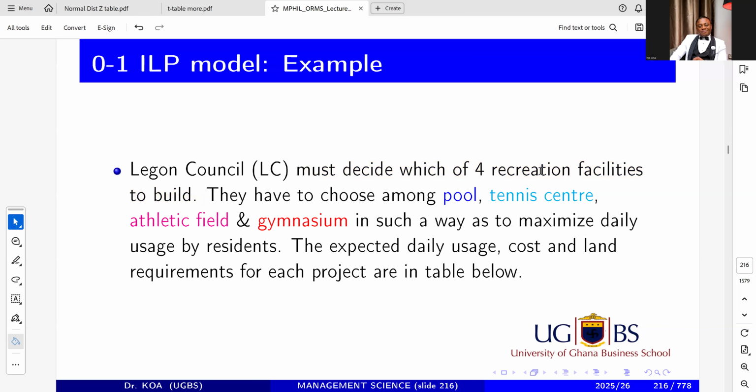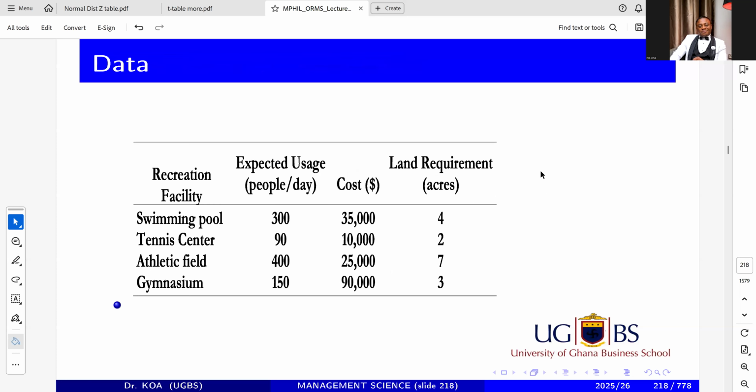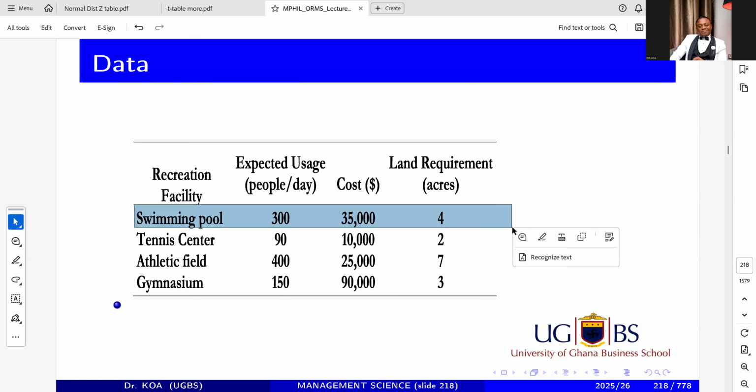The expected usage, the cost, the land, everything is shown here.